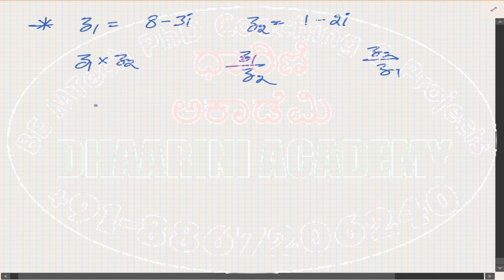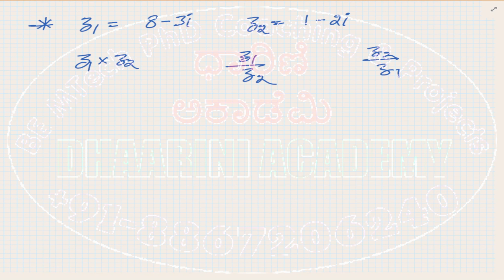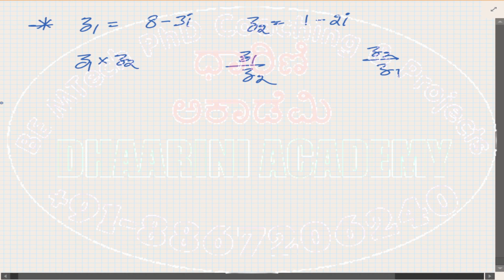Okay, so we know that if we want to find z1 into z2, it has to be magnitude of z1 into magnitude of z2 into e to the power I theta 1 plus theta 2. So I need to find both of them, right? So z1 is given 8 minus 3i.